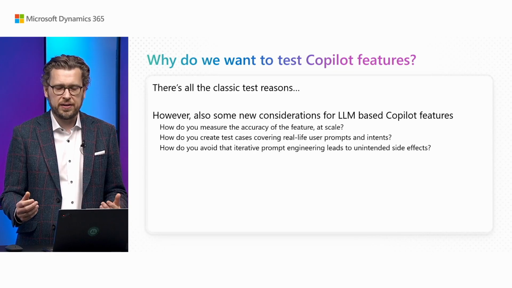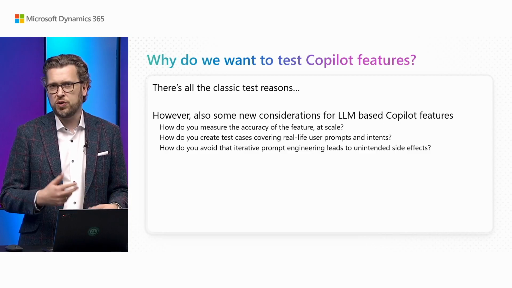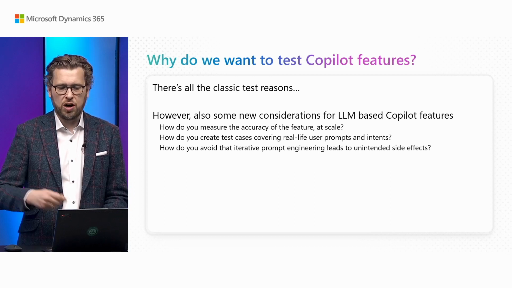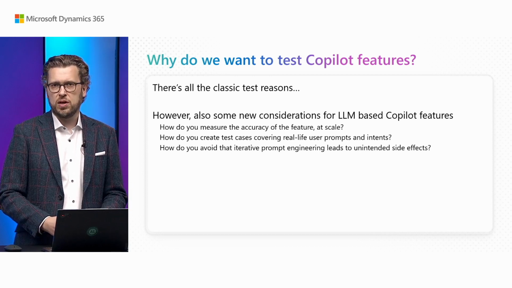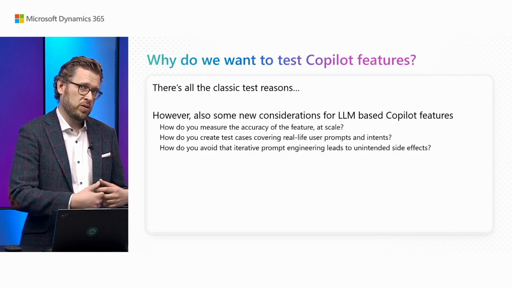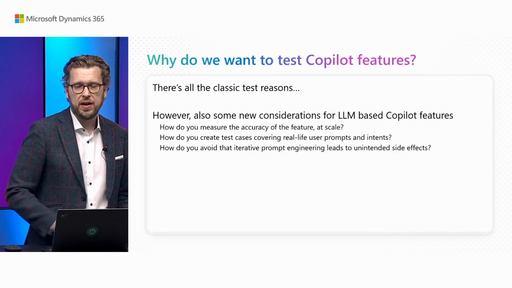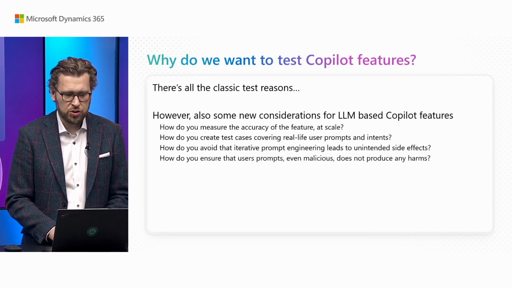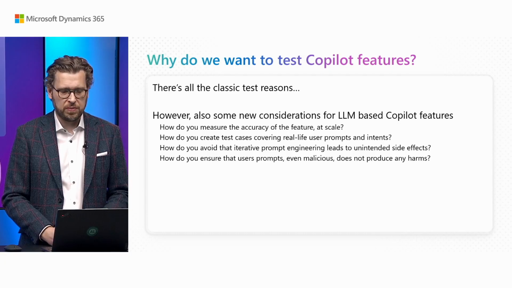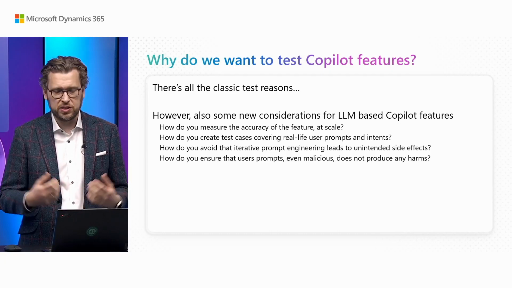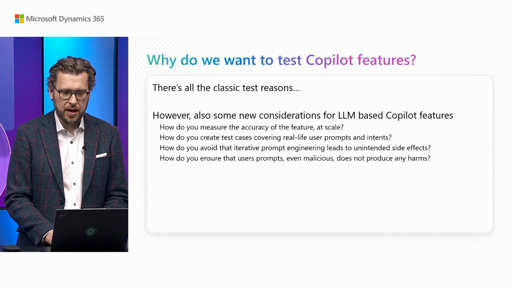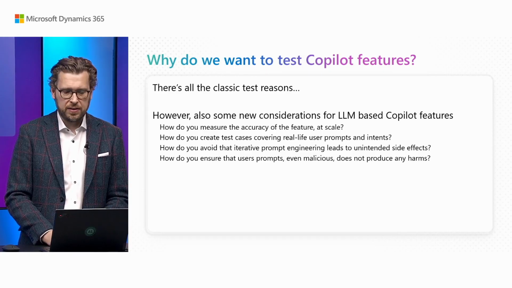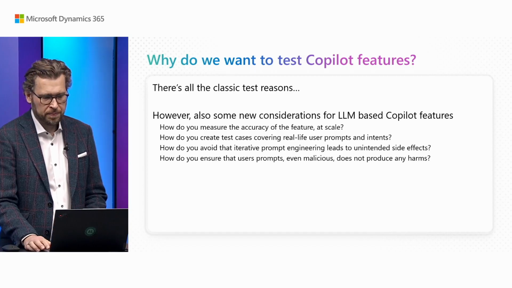How do you avoid that iterating over your prompts, your system prompts, and the prompt engineering leads to unintended side effects? Maybe you perform those iterations because you want to improve quality in one area, but then it goes down in a different area. How to ensure that user prompts, especially malicious ones, do not produce any harms, gets responses out of the generative Copilot that contain harms.